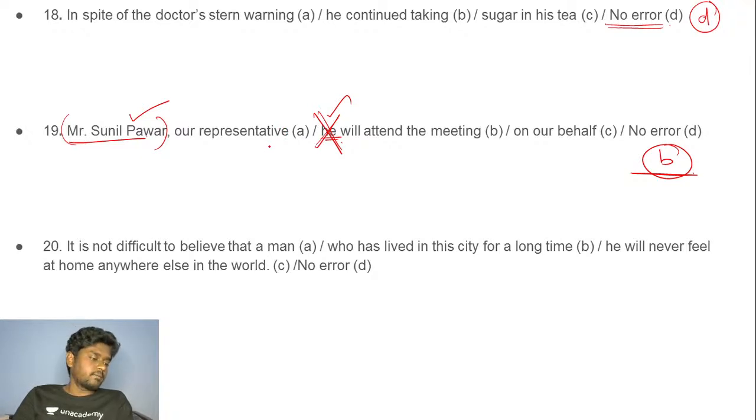20th question. Quickly. It is not difficult to believe that a man who has lived in this city for a long time, he will never feel at home anywhere else in the world.